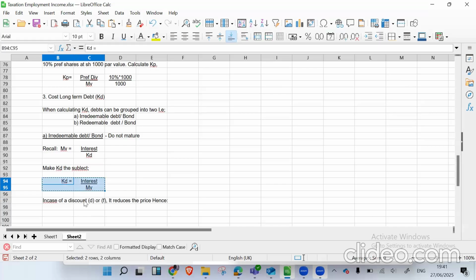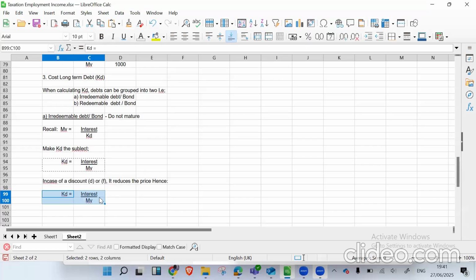If the bonds are issued at a discount, instead of selling them at 30, you are given a discount of 2 shillings, so you will sell them at 30 minus 2. So if there is a discount or flotation cost, it will reduce the market value. Simple as that.